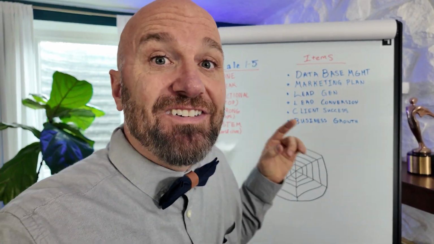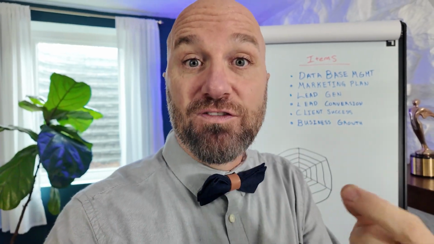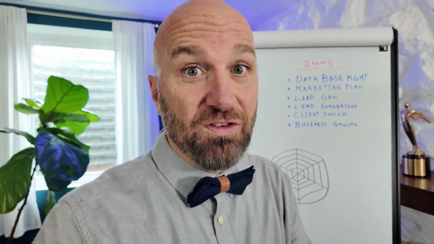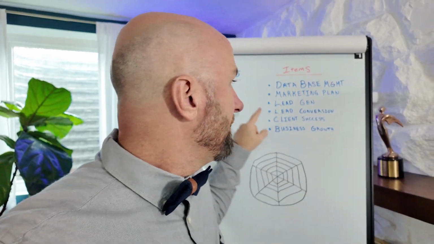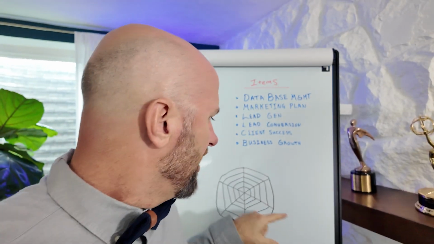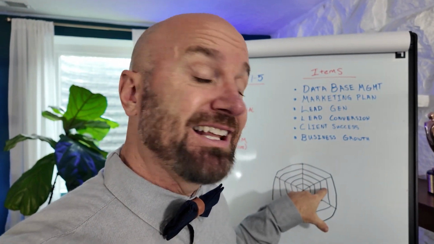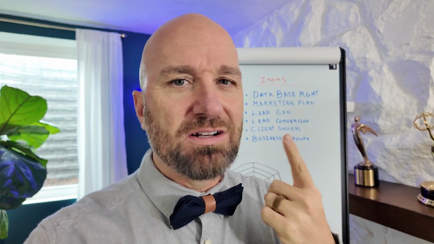Lead generation, I felt like I'm really good at lead generation. I have a couple of freebies, a couple of things that are really powerful that get people onto my list and help them understand how I could work with them. But lead conversion, that's one of the places where I feel like I'm not nearly as clear. So I said, I'm probably at a 2. I'd really like to be at a 4. I'm not very high with that because people aren't clear.